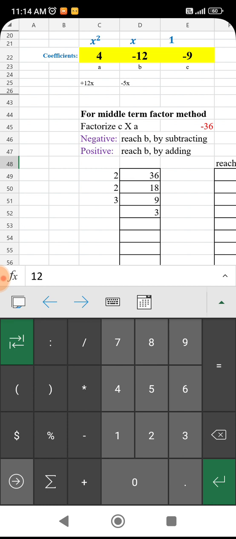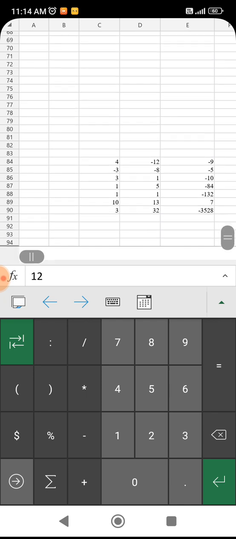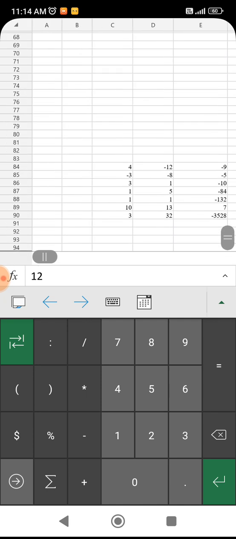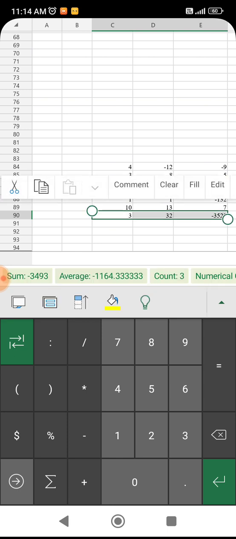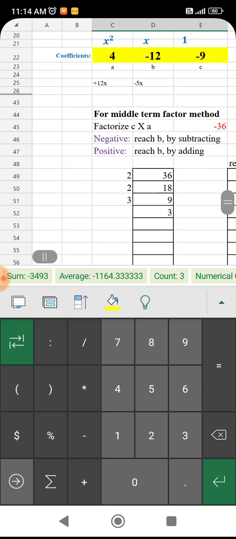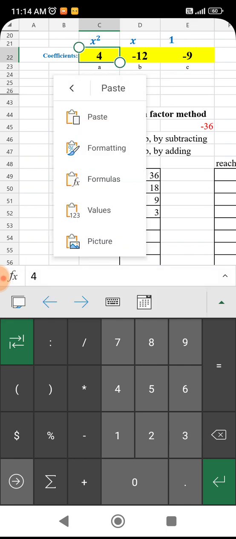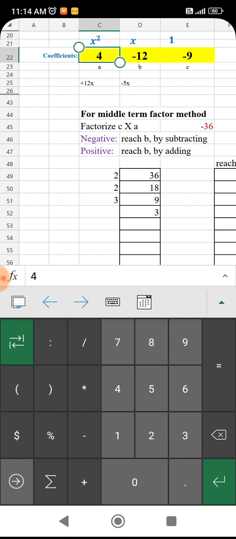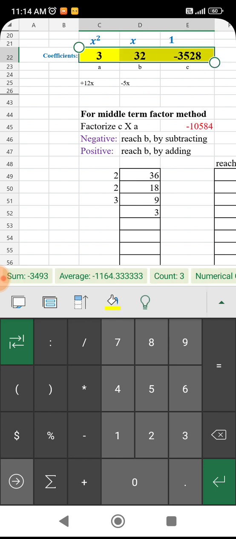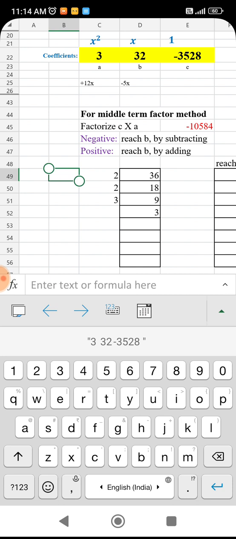Okay, I am showing another very tough problem like this. The multiplication of A and C is once again negative.